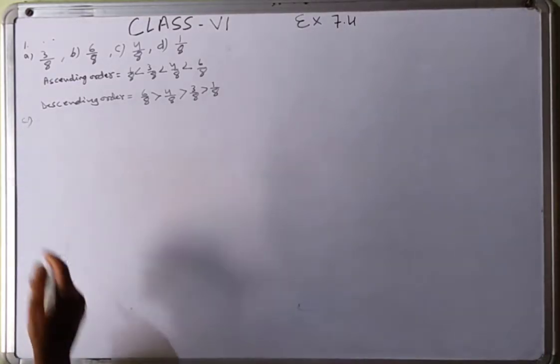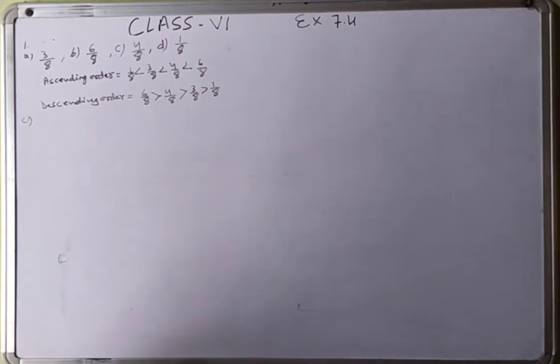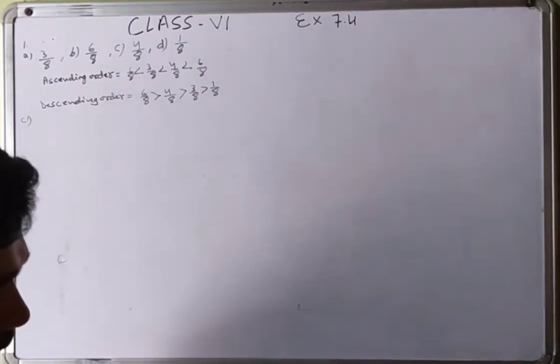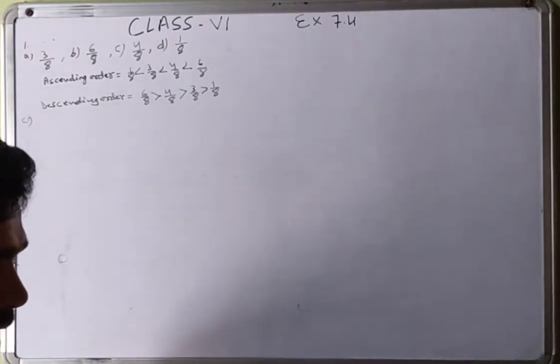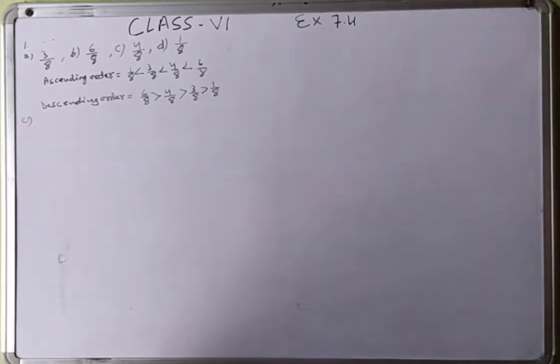C, so that is 2 upon 6, 4 upon 6, 8 upon 6, 6 upon 6. On a number line, put the appropriate sign between the fractions given.